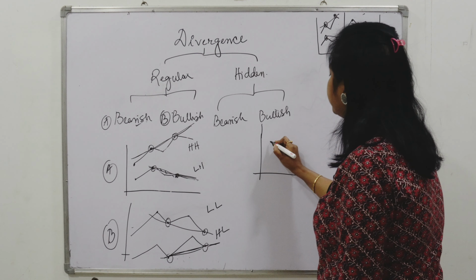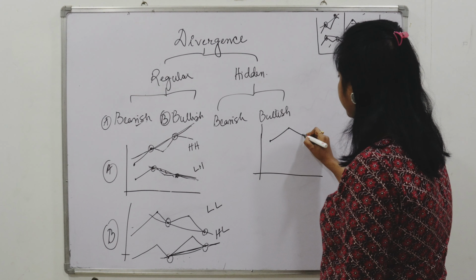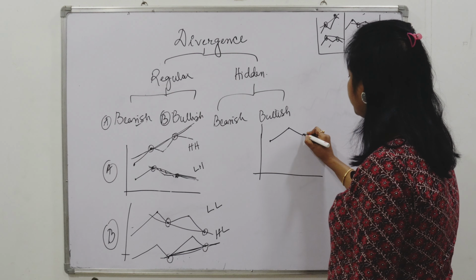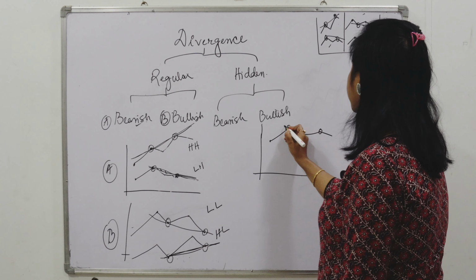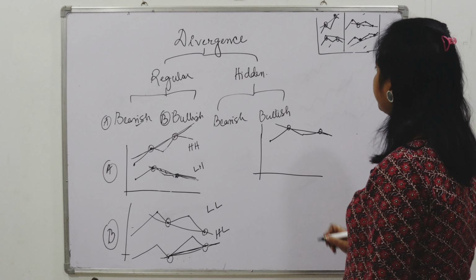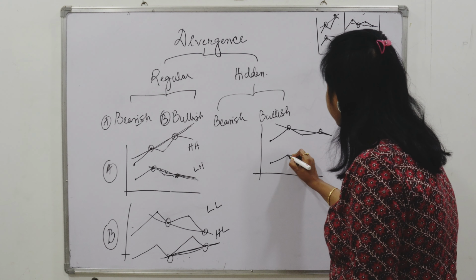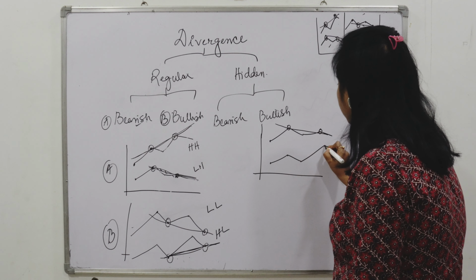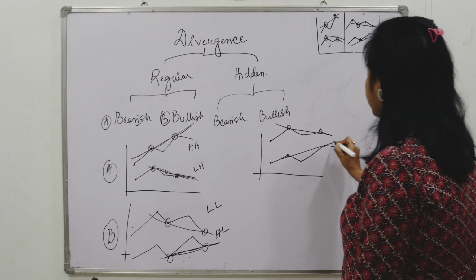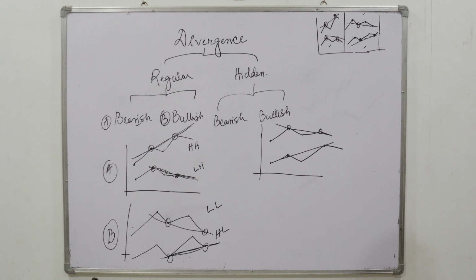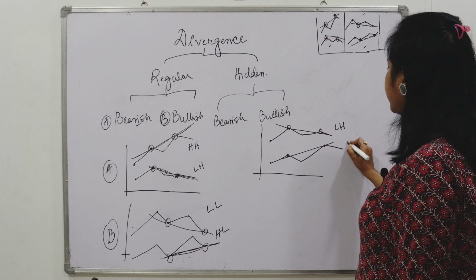In a bearish hidden divergence, the price will take a lower high, but the indicator will take a higher high. The indicator is taking a higher high.